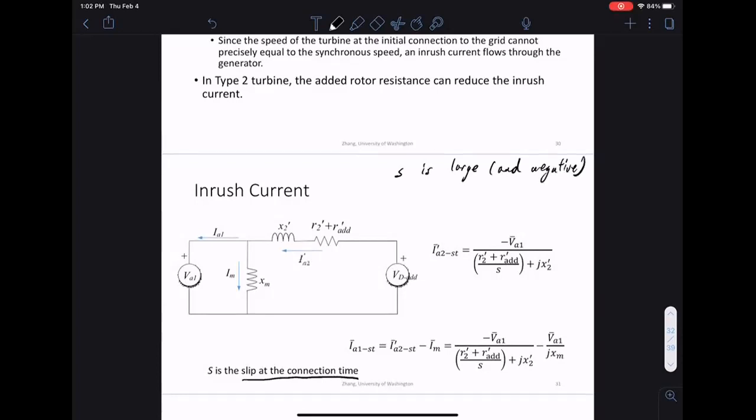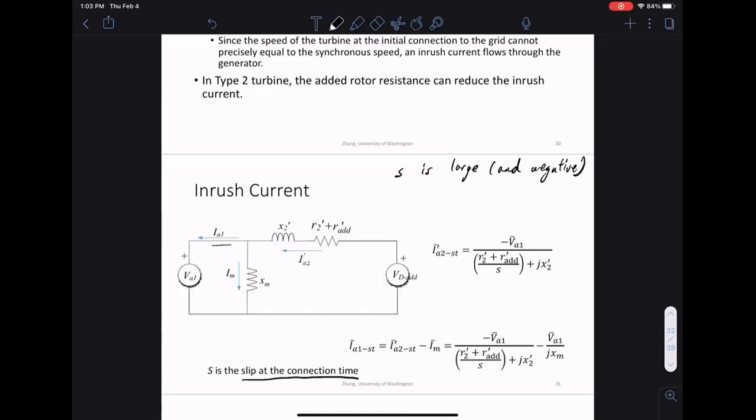S is a high slip, that's a large negative number. Then what I want to understand is how much current do I have going through the system? What is IA1? How much starting current, inrush current, goes through the system? And can I reduce that? Is it possible to reduce this inrush current?